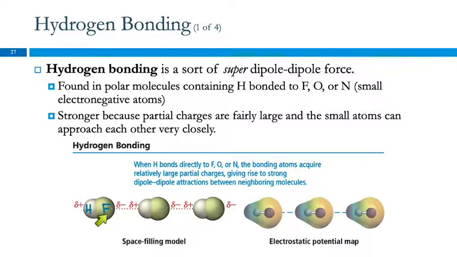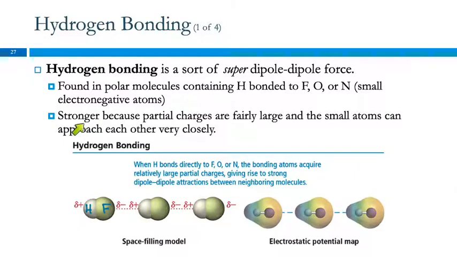And the fluorine atom is small, which means that a neighboring molecule can get close to it. If fluorine was big and bulky, then the neighboring molecule couldn't get as close, and distance is also a factor. So we have larger charges and small distance. We have a big force of attraction here.